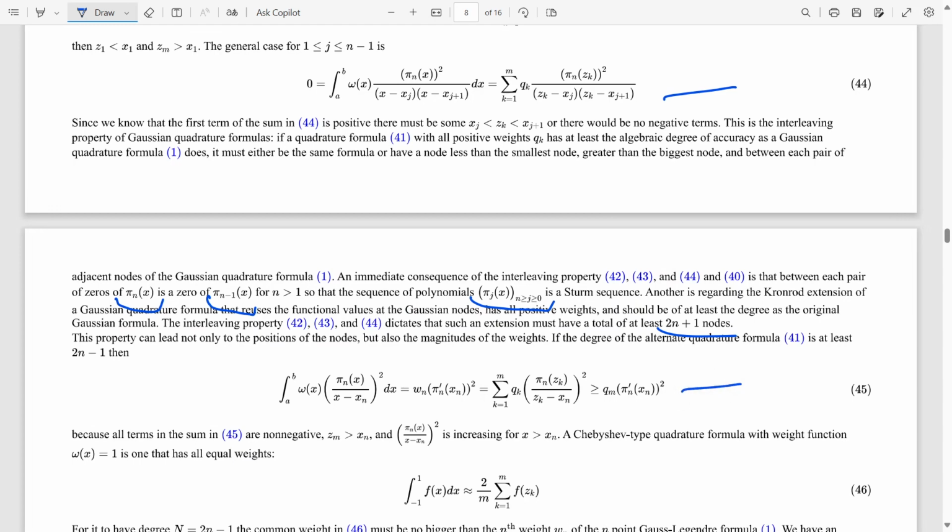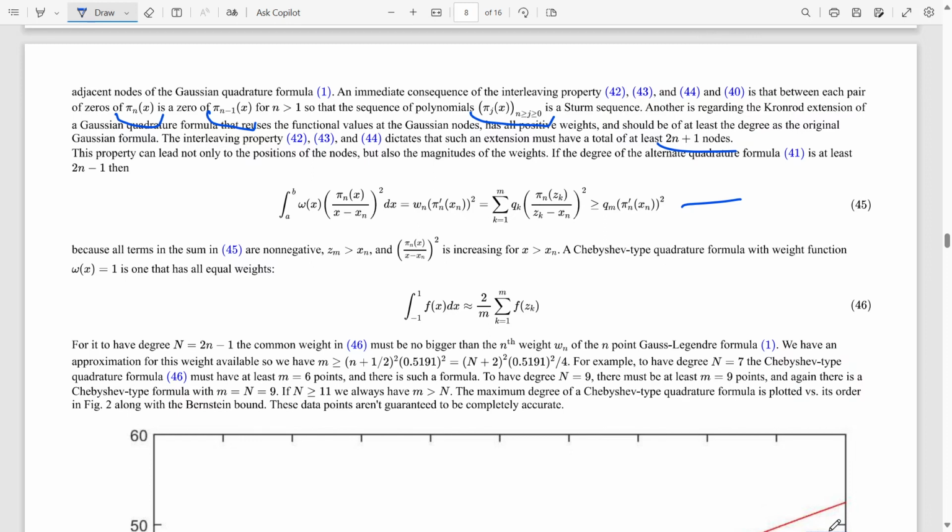Now, in this equation, all terms are non-negative, and pi n of x over x minus xn squared is increasing for x bigger than xn, and you know that Zm is bigger than xn, so pi n of x has got to be bigger than pi n of xn squared.